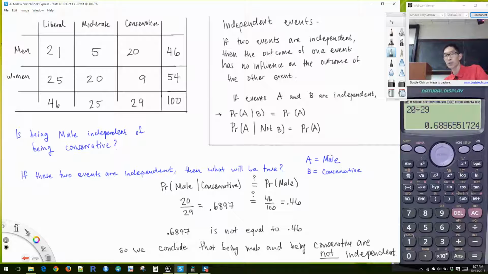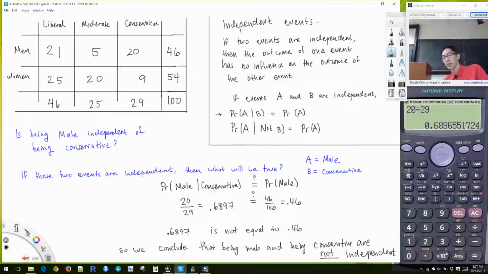So I've just filled in A and B. I replaced that with male and conservative. So I got probability of male given conservative, is that equal to the probability of being male? Okay, so is the transition from this relationship okay to here? I'm just checking with Susan here, just making sure that part's okay.